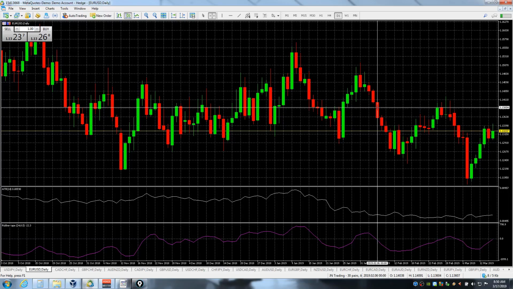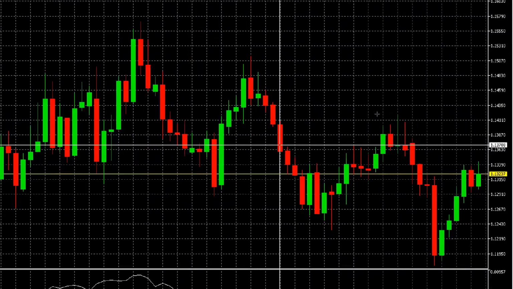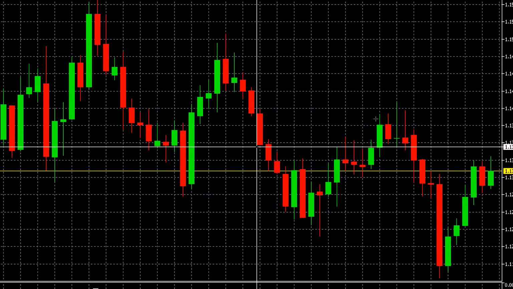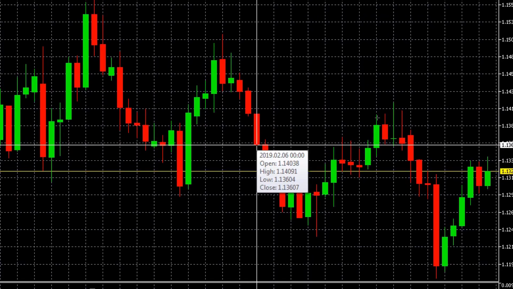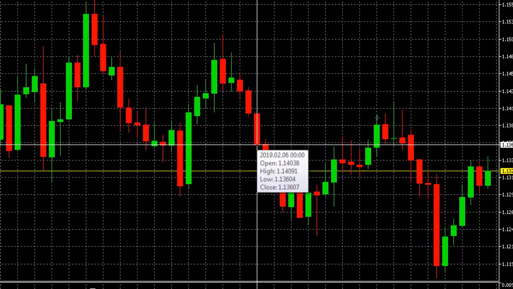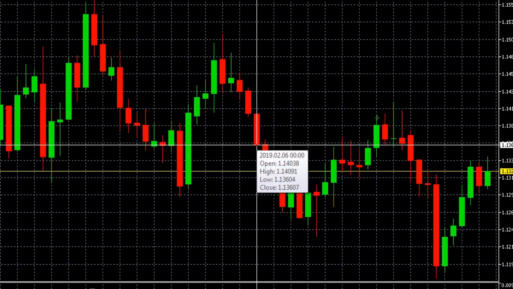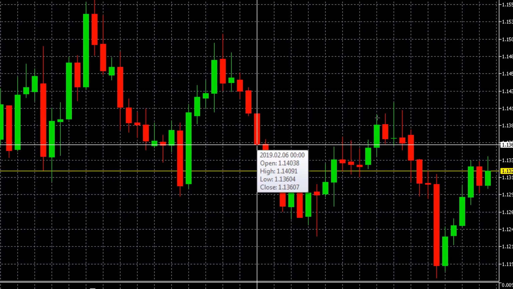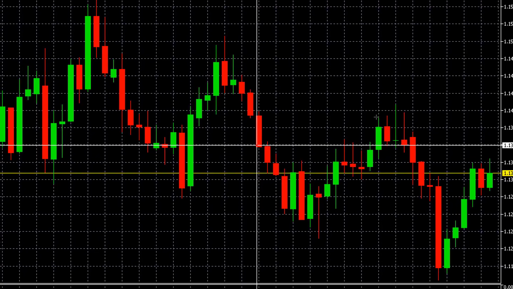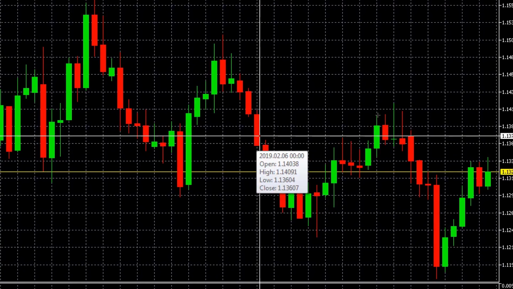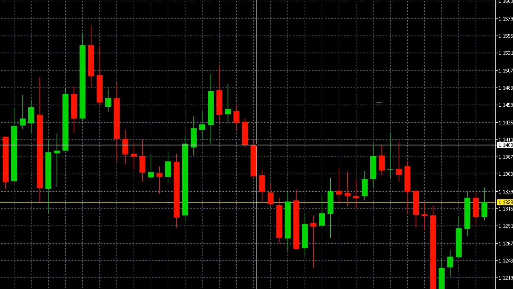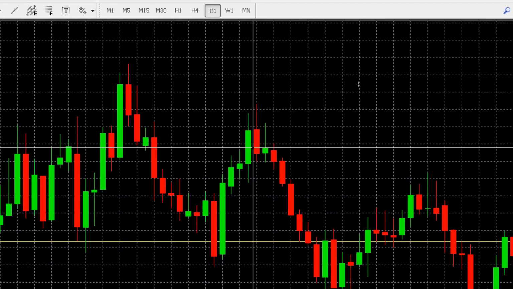So for instance, when it's a red one, you need to start at the bottom of the candlestick, because remember, for any time frame candlesticks, when it's a red candle, that means it closed lower than it opened. So the close would be down here at the bottom of this candlestick, not at the top of this candlestick.